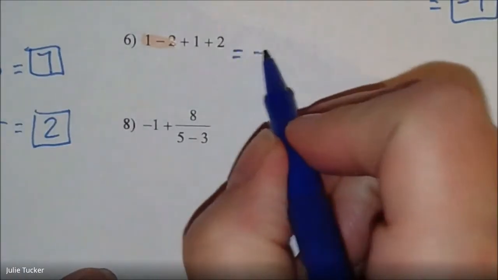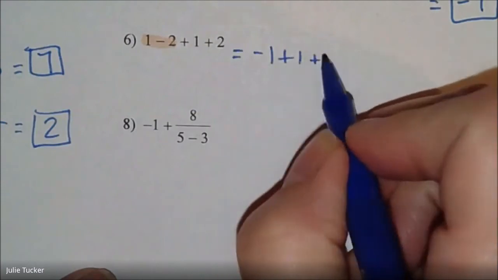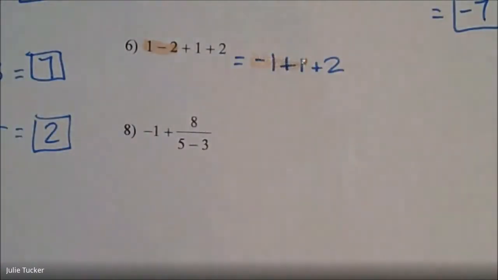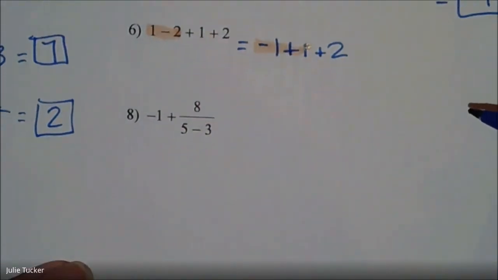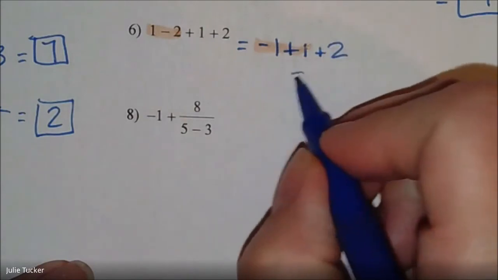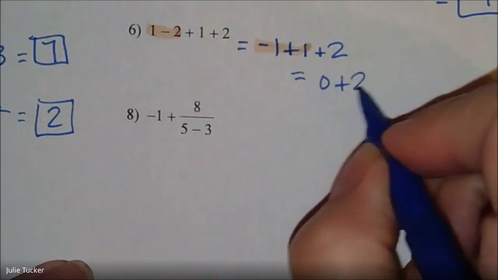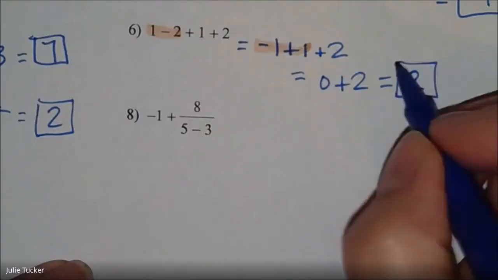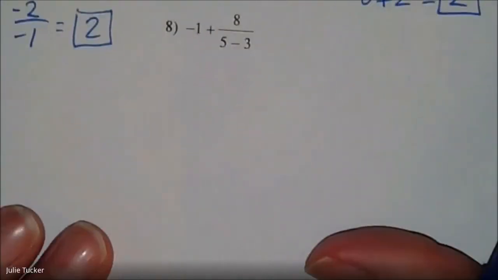So this is going to be -1 plus 1 plus 2. Now I do that. What's that? -1 plus 1 is? 0. Right. So now we have 0 plus 2, and that is 2. Good work.